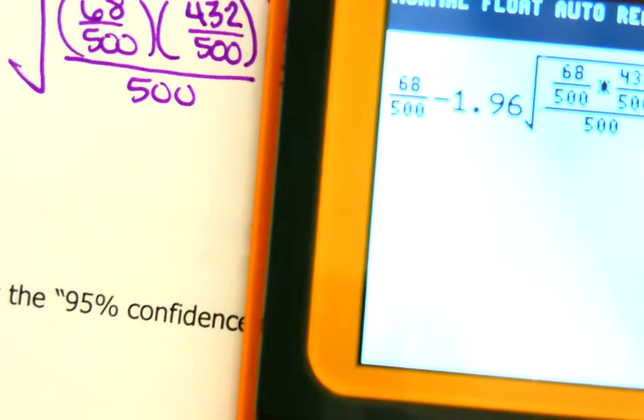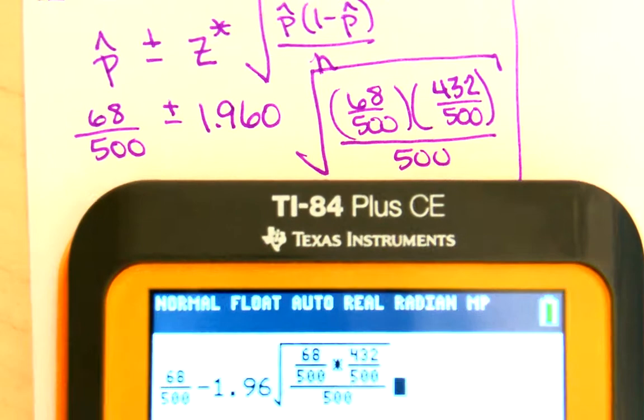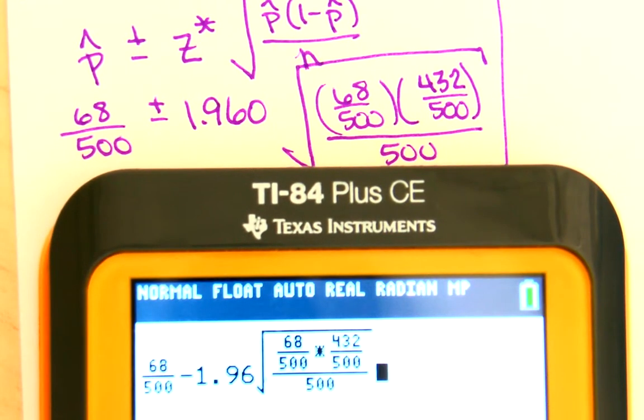So when I type this in my calculator, I type it in just like that. So when I see that on my paper, that's what I type in.